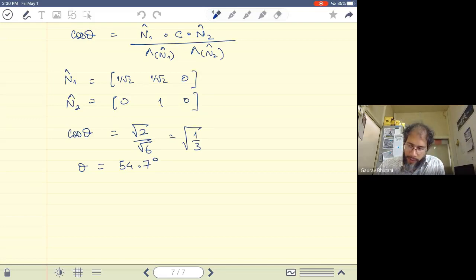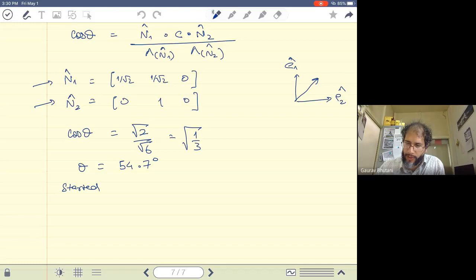So you started with the angle between n1 and n2 being 45 degrees. You can see that: n2 is nothing but the E2 direction, and if this is your E1 and this is your E2, then E1 plus E2 by root 2 is this direction.